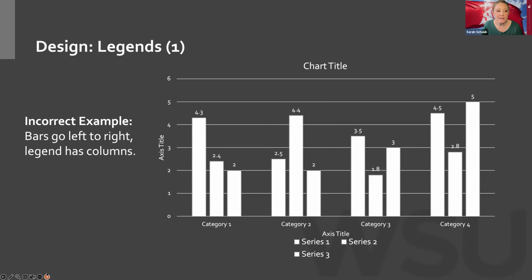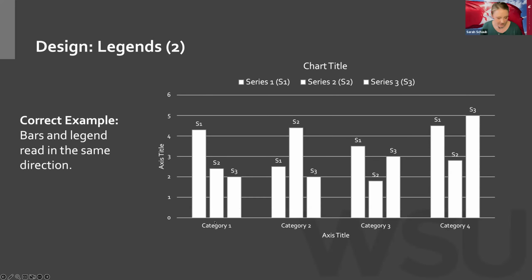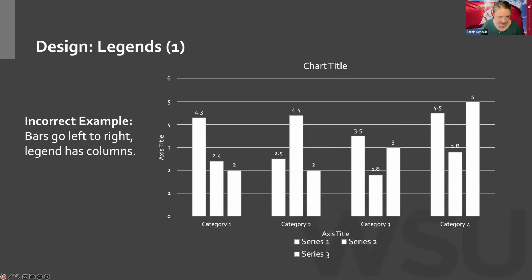Okay, so this first example is showcasing design of legends, and it's an incorrect example. The bar goes from left to right, and the legend that shows up at the bottom of the bar chart has columns. So, whoops, I just jumped forward. So this is not an accessible example for a couple of reasons.